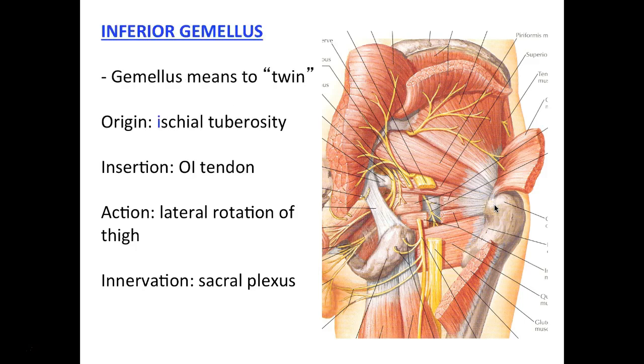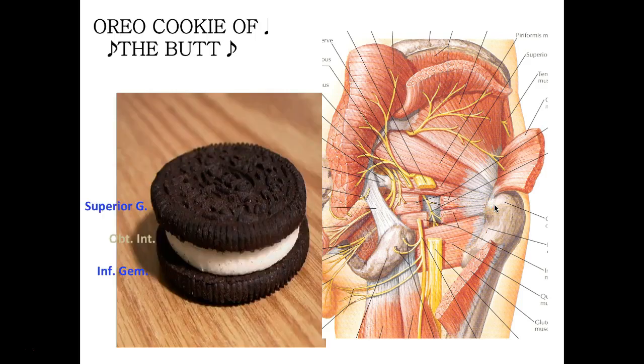Now we get to the other twin here, and that's going to be our inferior gemellus. So this originates from the ischial tuberosity, and it too is going to insert into the OI tendon. Its action is lateral rotation of the thigh, and innervation is sacral plexus. Now I like to call this the Oreo cookie of the butt because that's what it looks like.